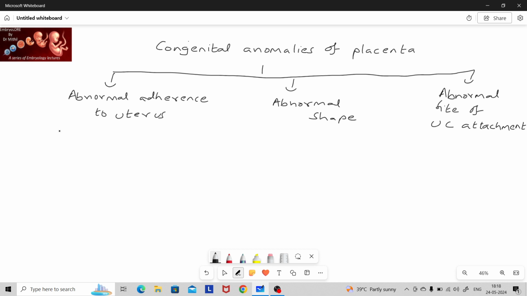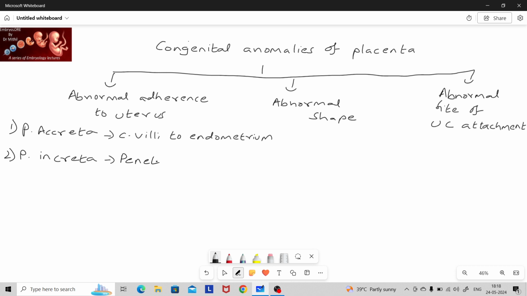The first one is the placenta accreta. Here the chorionic villi are attached to the uterine endometrium. The next one is the placenta increta. Here it penetrates the full thickness of the myometrium.